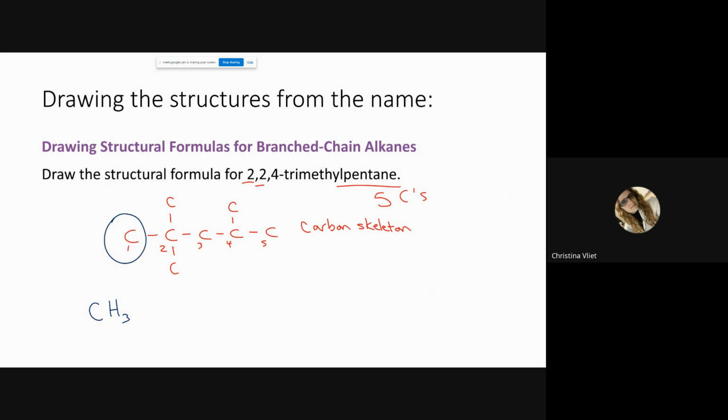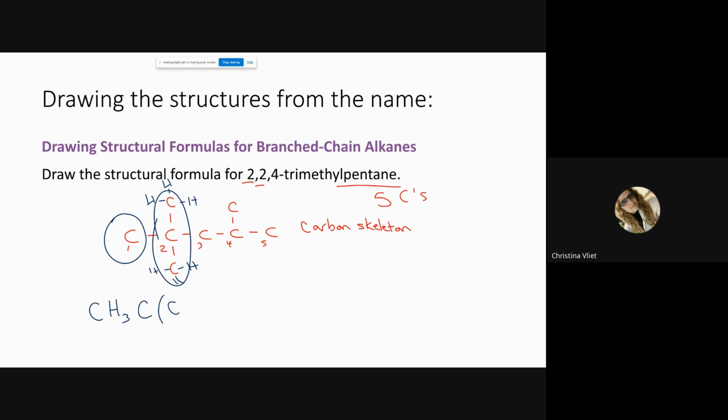Then we go to the second carbon in the chain, and we look at what that's attached to. Be careful here. It is attached to no hydrogens. It is attached to methyl groups. So how would you write those? Parentheses. And this is because you have to understand this is a CH3 here, right? And this is a CH3.